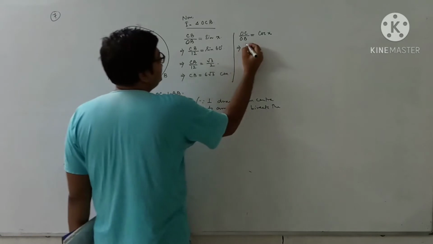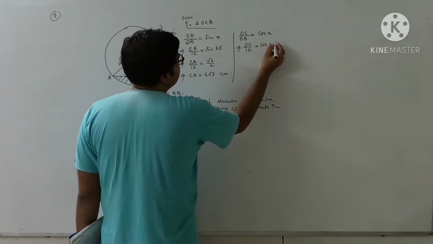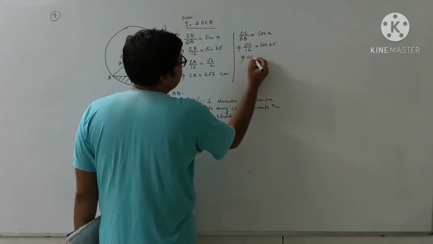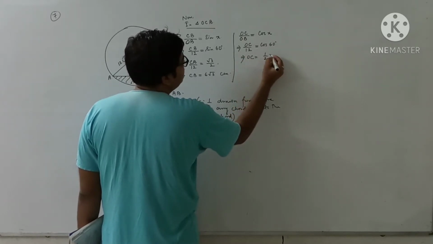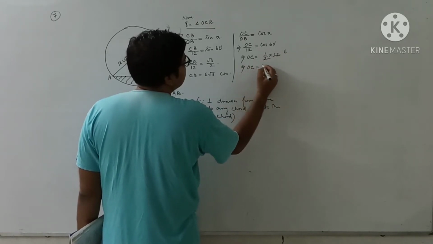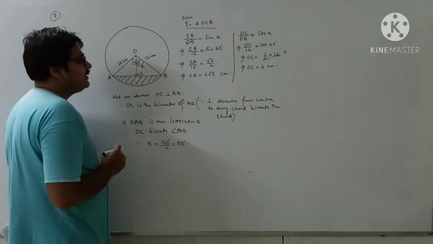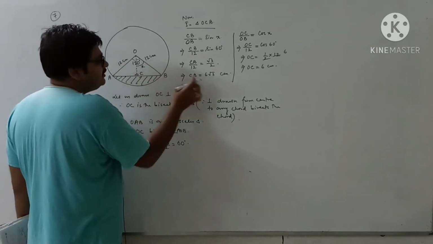OC I have to find out, and the length of OB is 12. Cos 60 degree. So OC equal to cos 60 degree means half into 12. So OC equal to 6 centimeter. So I got the length of OC. And I got the length of CB also.